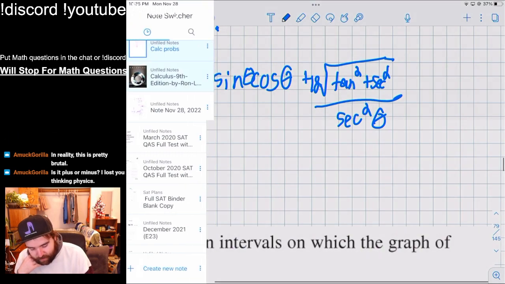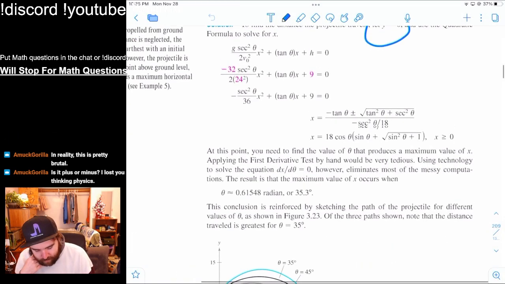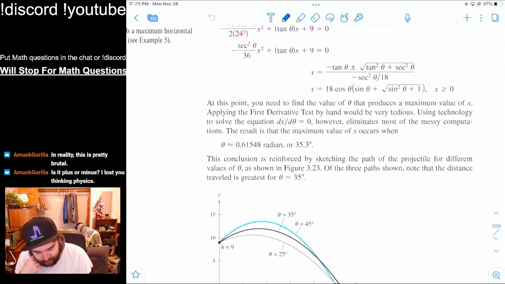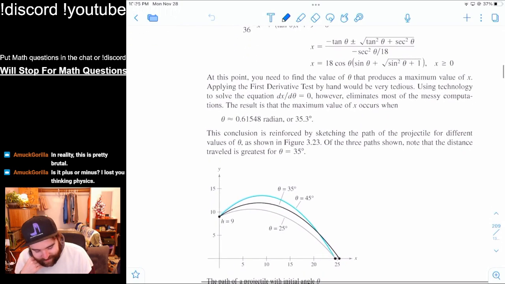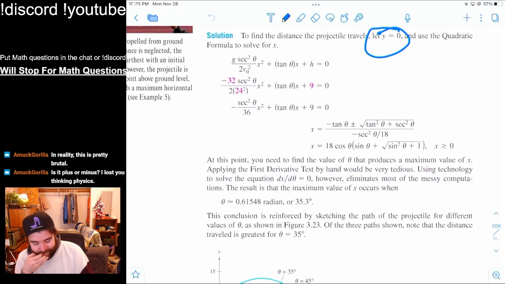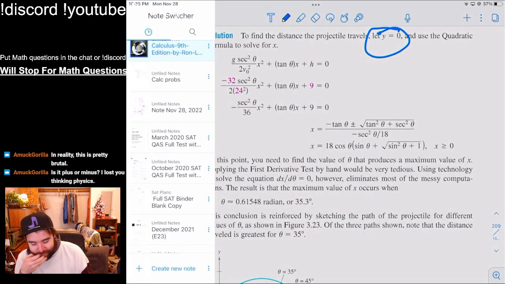And then they just look at the graph to find the maximum angle. Oh my gosh, what cheats.